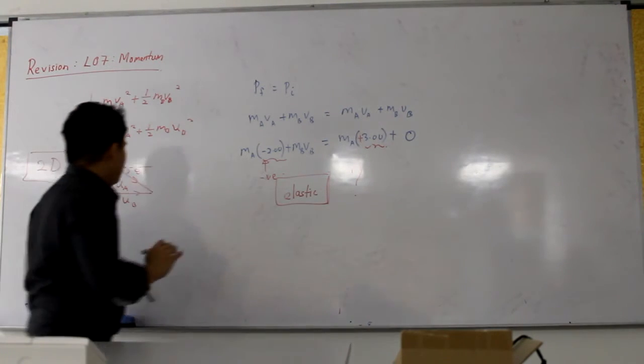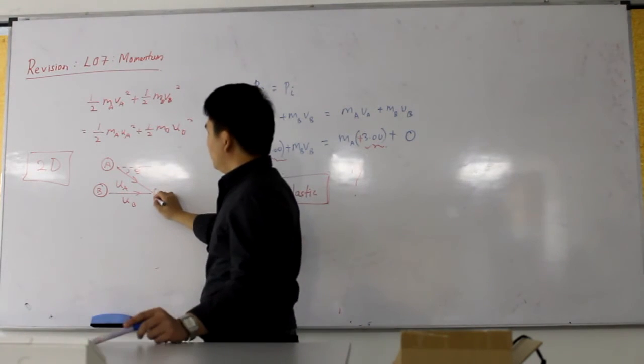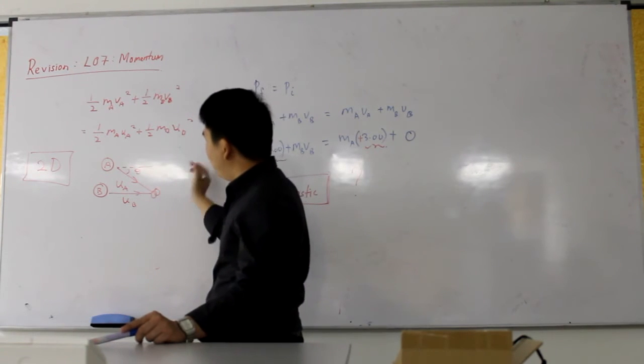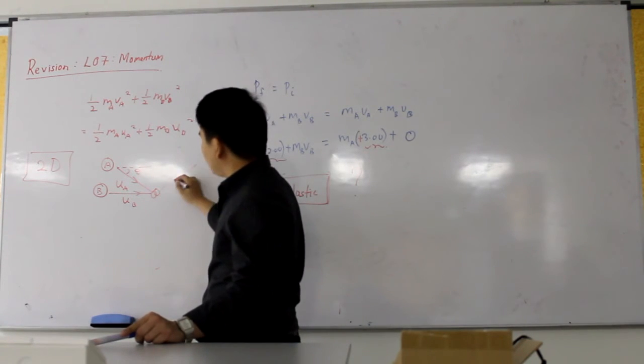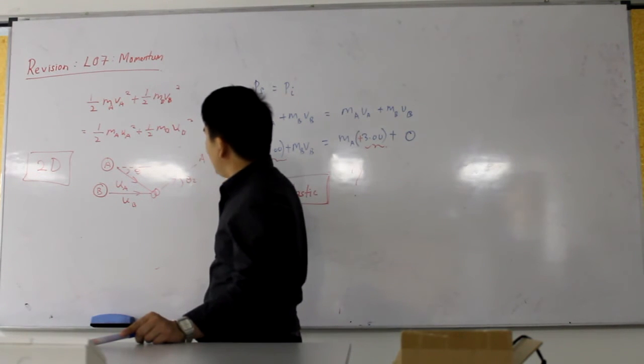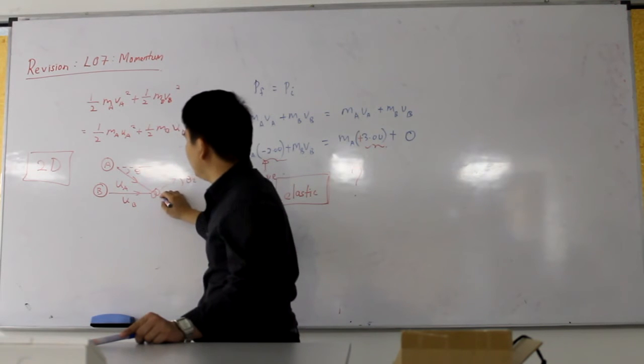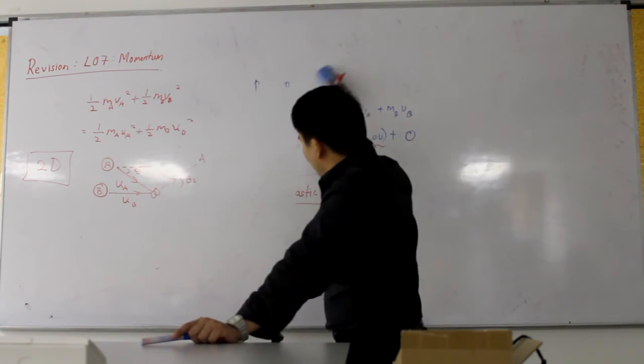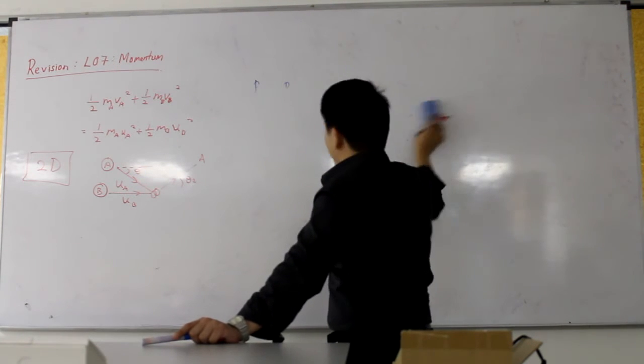As a result, these two crash into each other, collide, and move, let's say, in another direction, and the question asks what is the final direction and final speed of B.